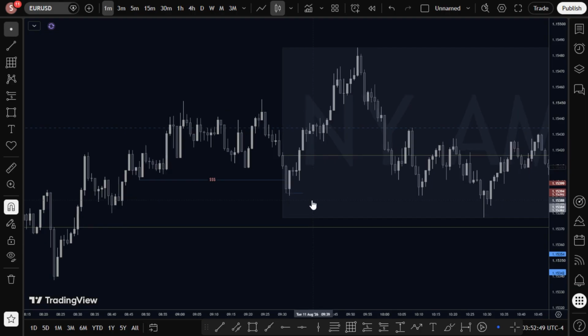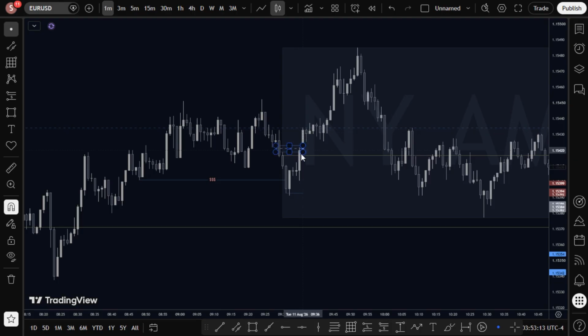Condition number two: what did you see? An inversion fair value gap. I'm not going to consider this as an inversion fair value gap when there is another one up. I will take the last one; that's the one I will monitor. Once price closes above that, you can enter with this breaker candle.